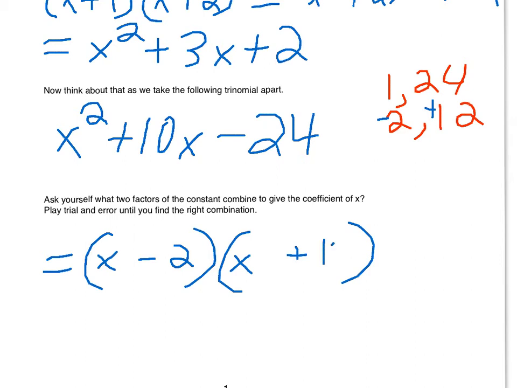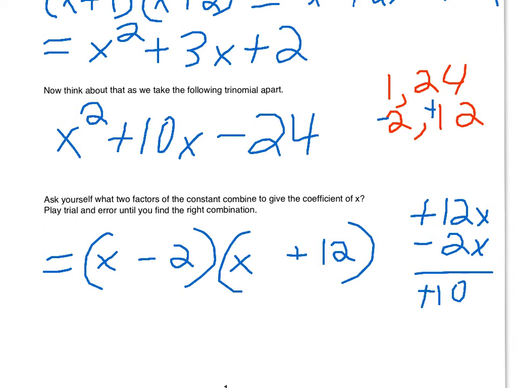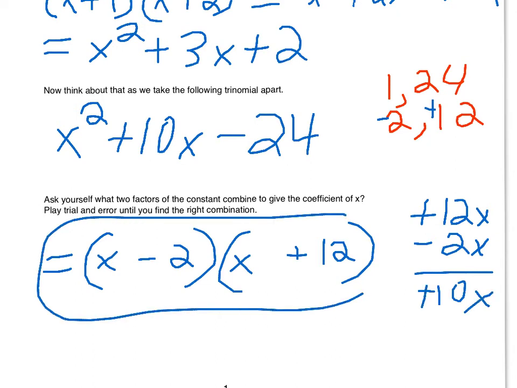Those will multiply together to give me a negative 24. Then when I multiply the outer product, I'll get positive 12x. The inner product will be negative 2x. And when I combine those, positive 12x minus 2x gives me positive 10x. So that's the correct factorization there.